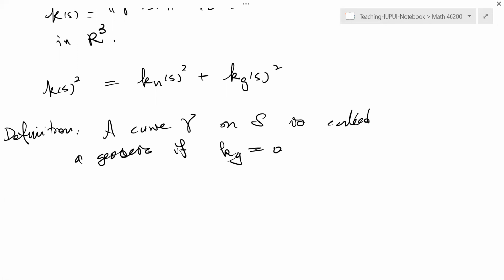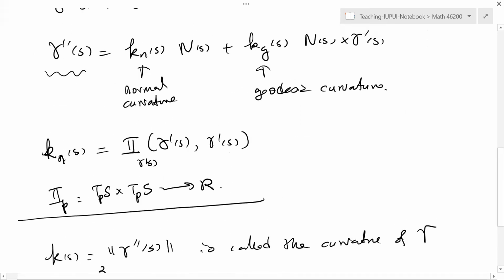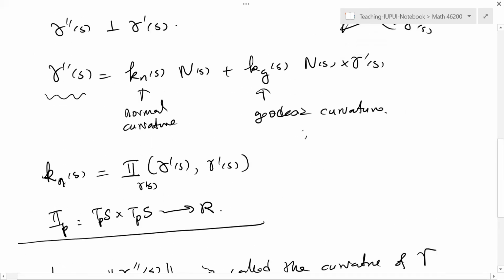Step one, you parameterize the curve by the arc length. Then it's given by this formula, right? So then you can compute that this is gamma double prime s and gamma prime s.